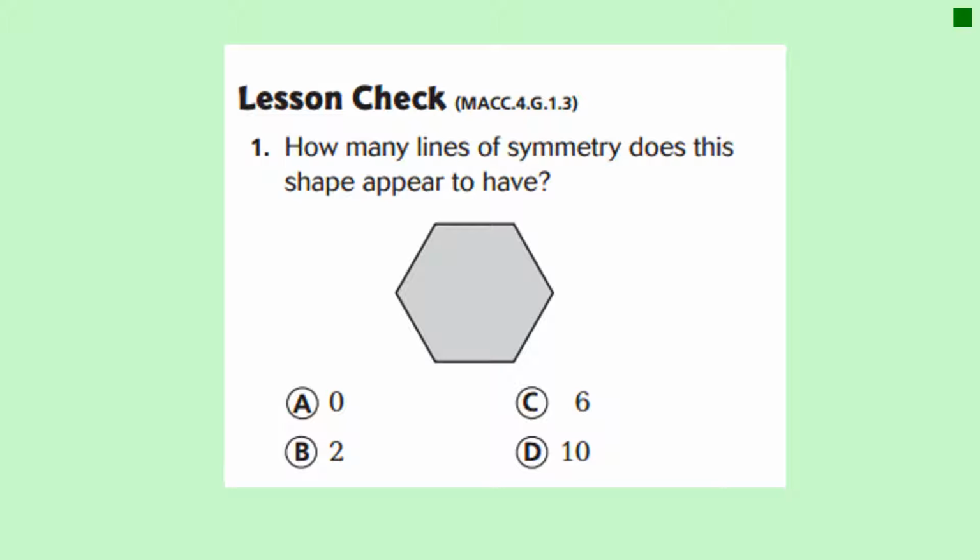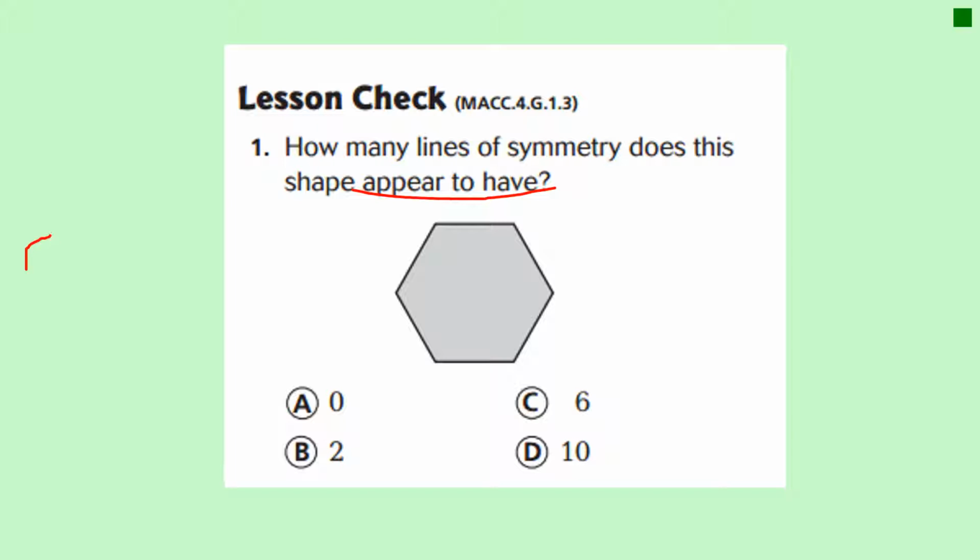Okie dokes, we're on the back now, the lesson check. It says, how many lines of symmetry does this shape appear to have? Now, they always say appear to have because they don't have the measurements on it, but how many does it have? Okay. All right, this is a hexagon, right? And it looks like a regular hexagon, doesn't it?